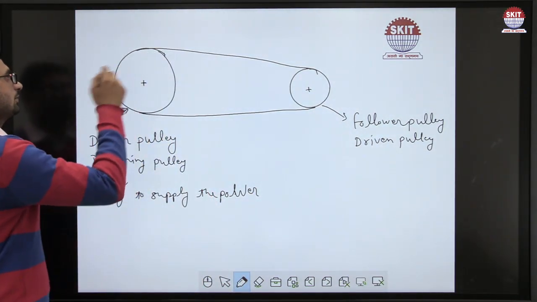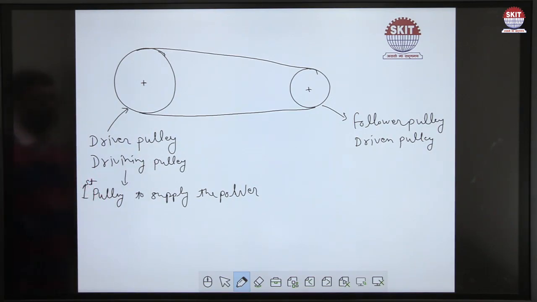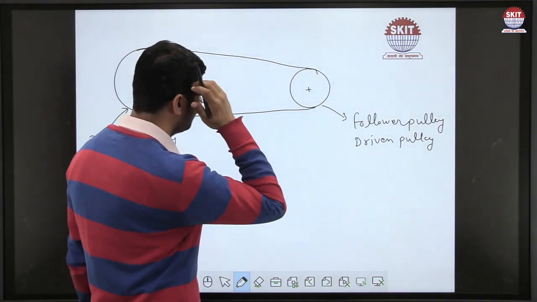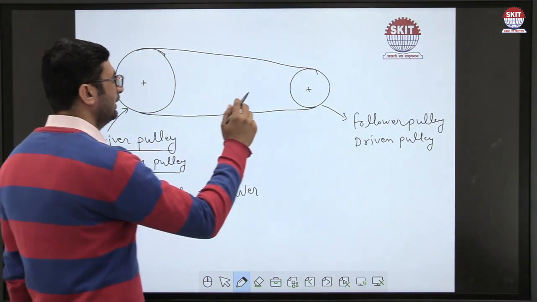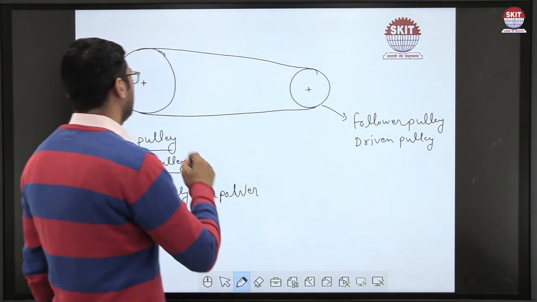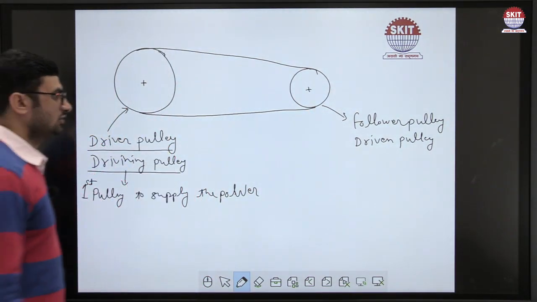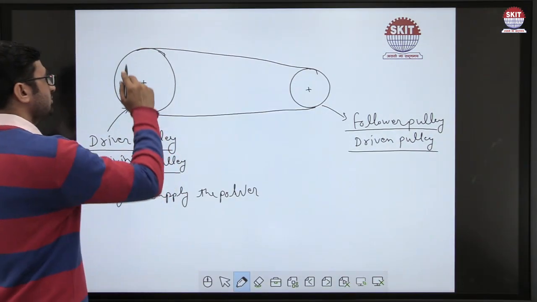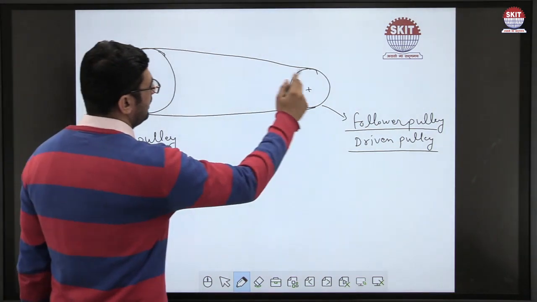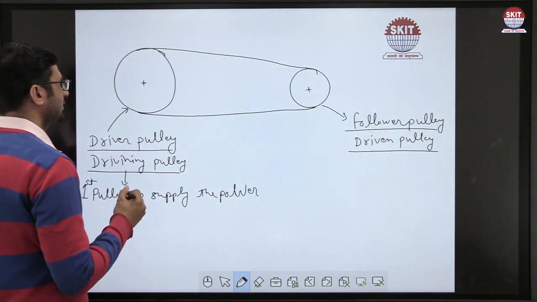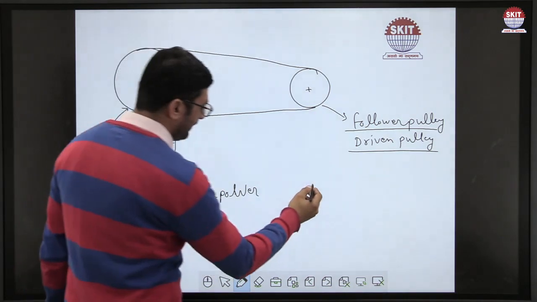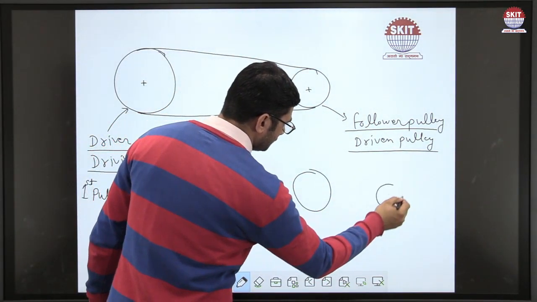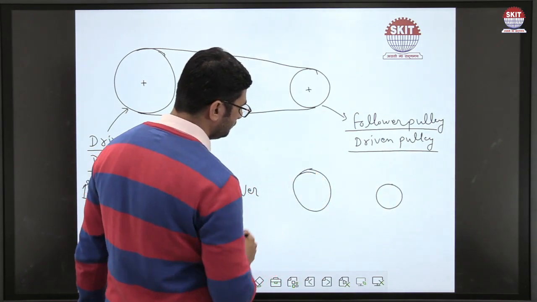The pulley which first supplies the power is known as the driver pulley, and the other pulley, which does not supply the power directly and receives it from the first pulley, is known as the driven or follower pulley. Now to transfer the power, we connect the pulleys with the help of a belt.